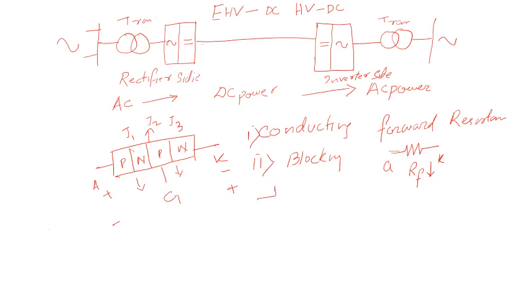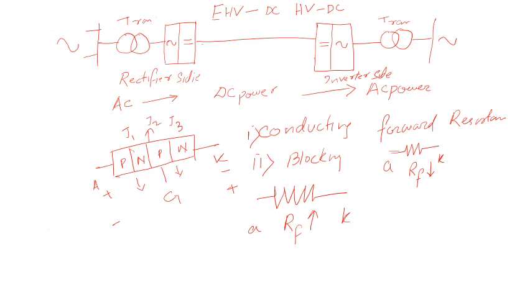So it provides very high resistance, that is your forward blocking resistance is very high between anode and cathode. Therefore, the current does not flow. So this is the basic idea you have got from power electronics.